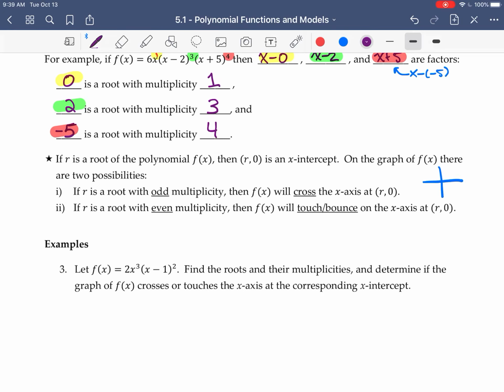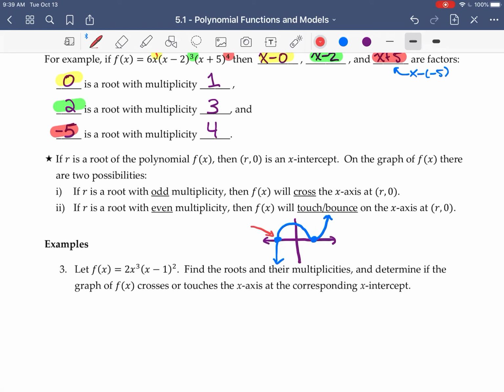So for an odd multiplicity, maybe I'll just draw one picture. Let's do it down here. If my function looks like that, here I have an x-intercept, and here I have an x-intercept.